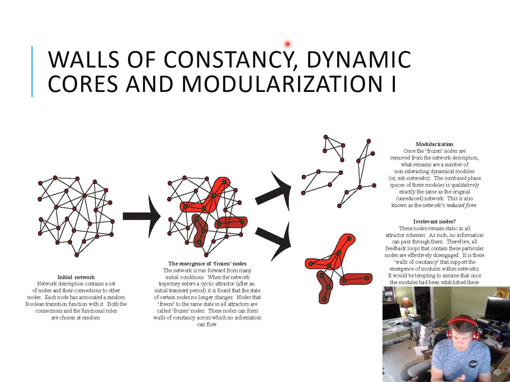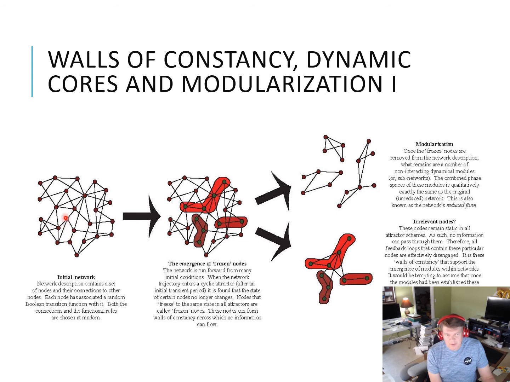Yes, it would be a cycle, because this is a finite system, so eventually it would return to the same spot. But it would be exploring all of the states of the system and have no real coherence to it. So what really happens in these networks is, we start off with our network, we've given them all the rules.